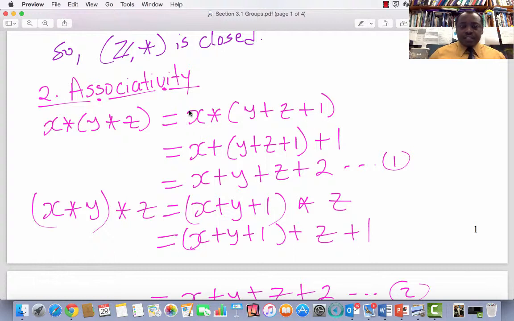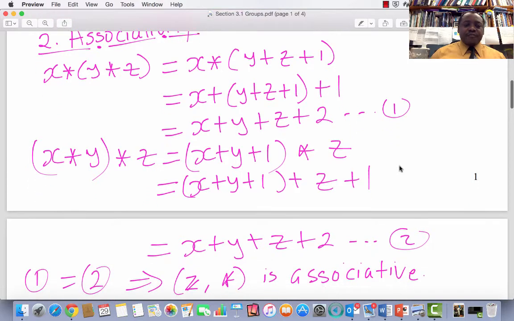I consider all of this as one term, and x star this term, y plus z plus 1, by the definition of star would be x plus y plus z plus 1 plus 1. And we are dealing with integers, so there is additive associativity, and that gives x plus y plus z plus 2. We call that equation 1.